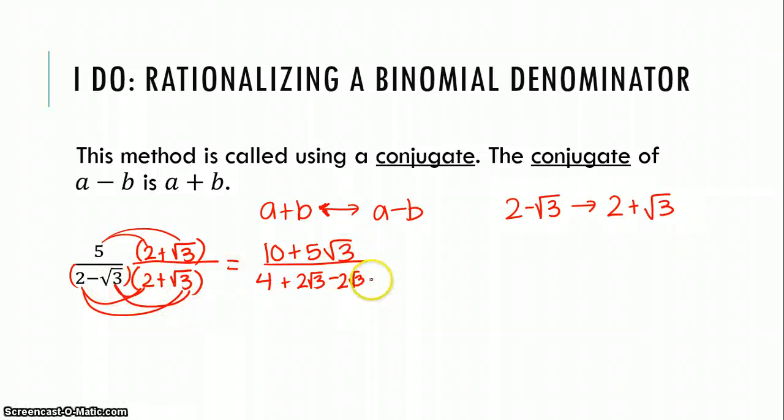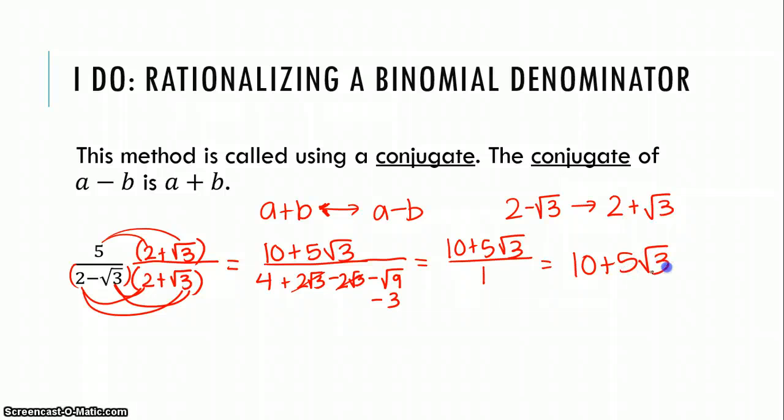And you might already start seeing what happens, minus square root of 9. If I look at the denominator now, I have a positive 2 root 3 and a negative 2 root 3. Those cancel out. My numerator stays the same. In my denominator, I have 4, and this is minus square root of 9 is 3. 4 minus 3 is 1. So my answer is 10 plus 5 root 3.